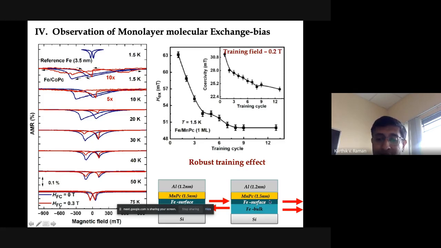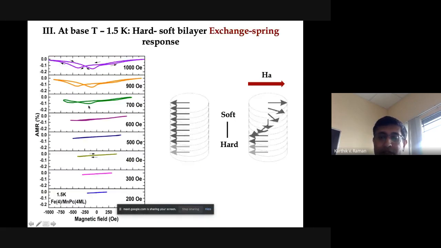The surface is hardened because of the interaction with the molecule. It is the bulk that switches independently of your surface. There is an exchange effect. That's why it gives rise to spring-like action, and you have an exchange bias response observed here.